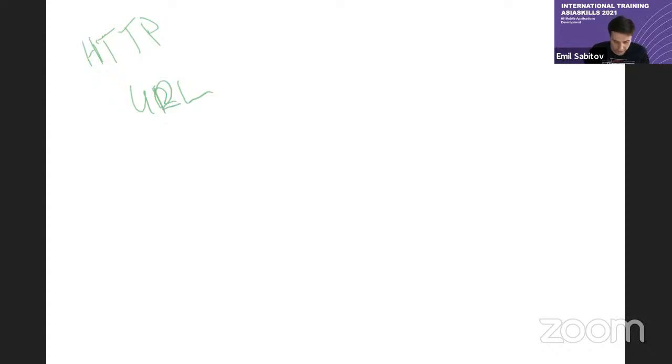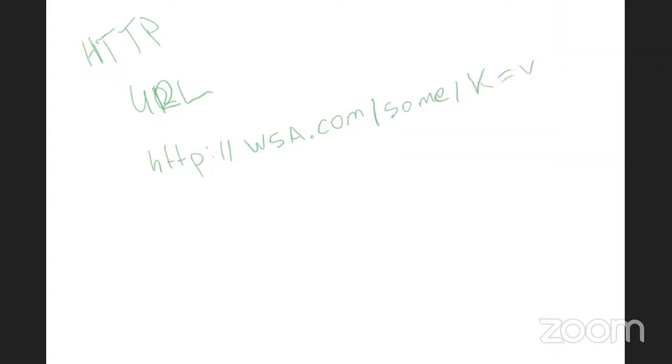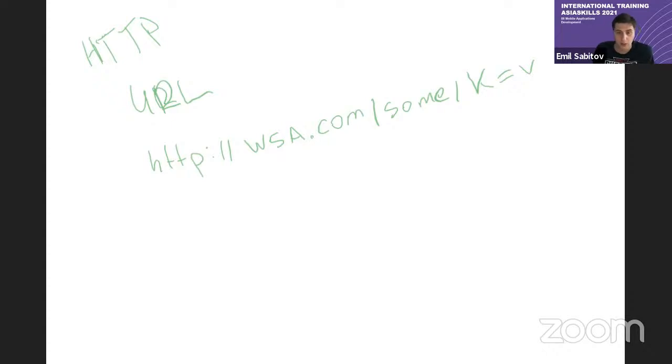And for example, we've got a link like http://test.wsa.com/some. You can see some link, and we need to know what every part of this link means.